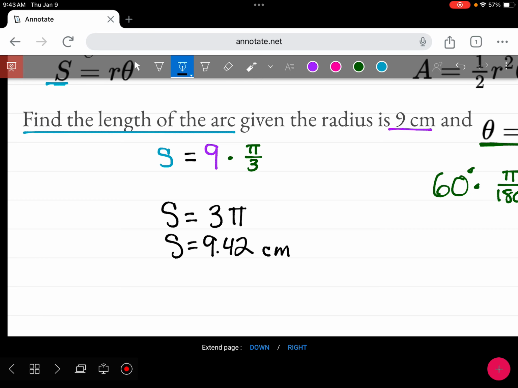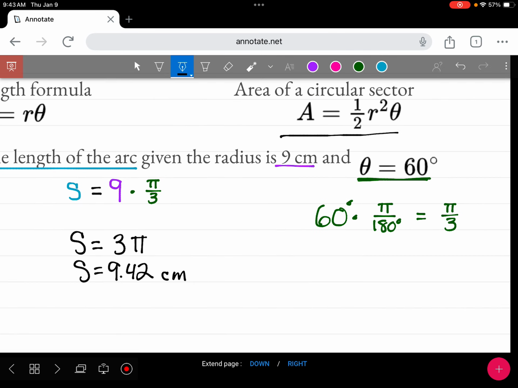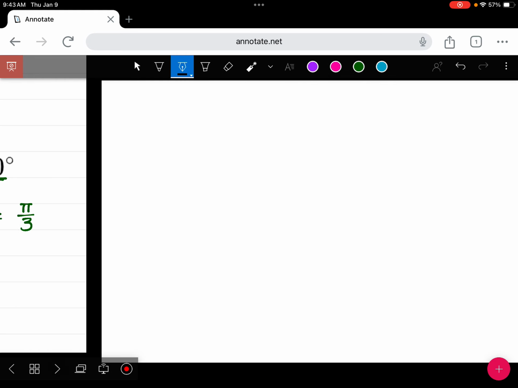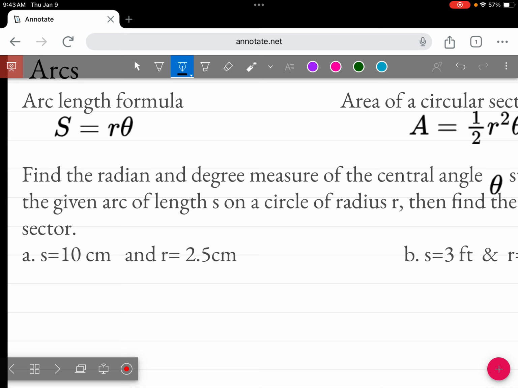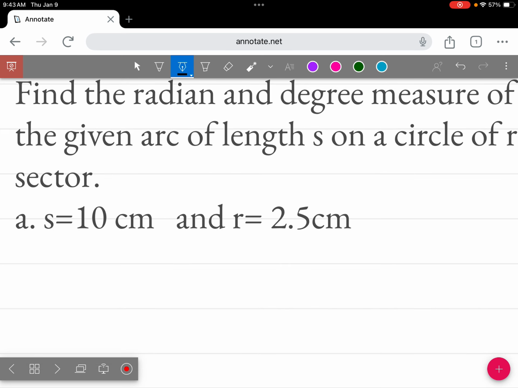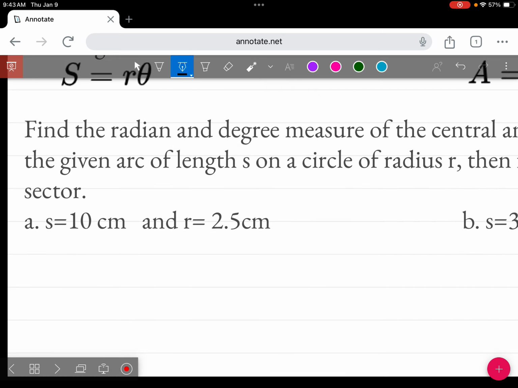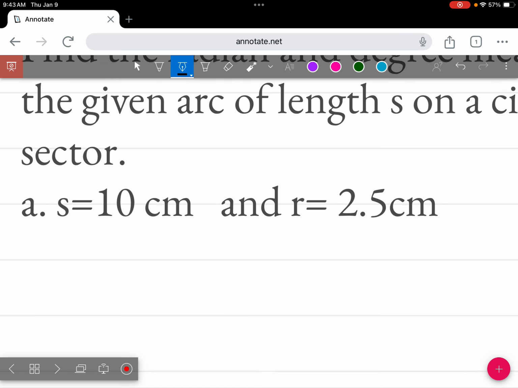Okay, so substituting in for these guys is pretty much the same. Got like 2 minutes. So our S is 10 centimeters. Our R is 2.5 centimeters. We need to find our degree for our rate.